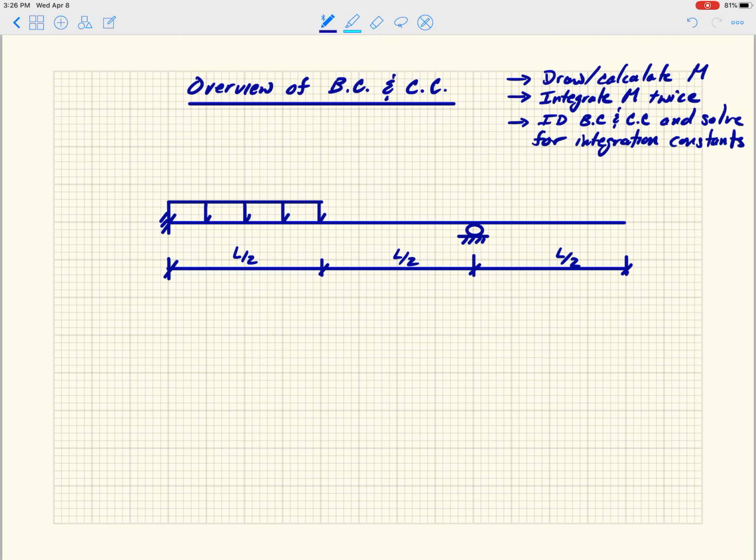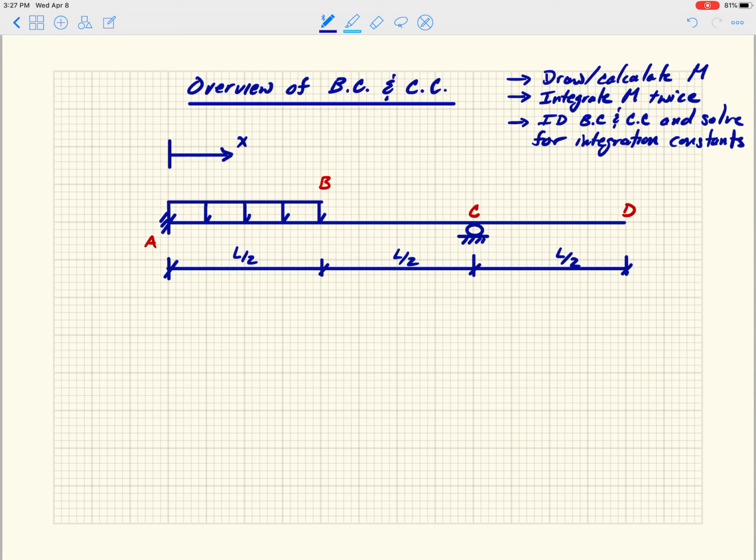Right, like that. So I'm going to call these A, B, C, and D, right? And we are going to take X from that side, right?